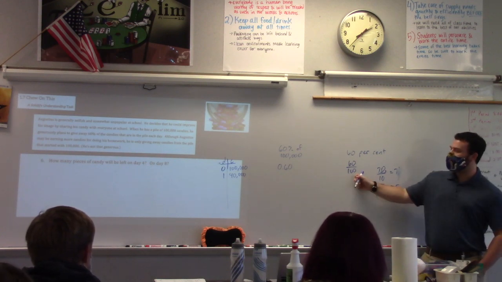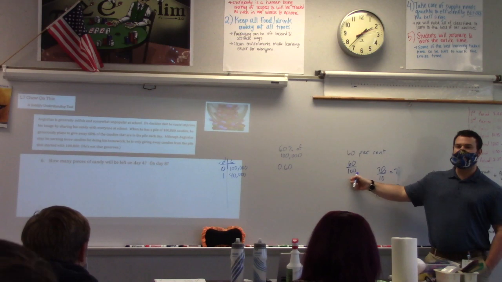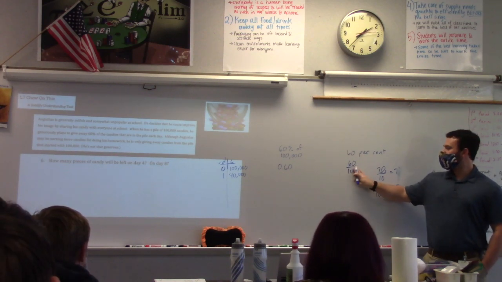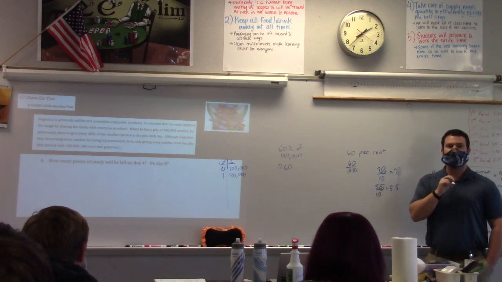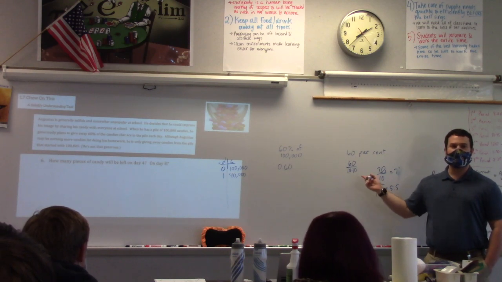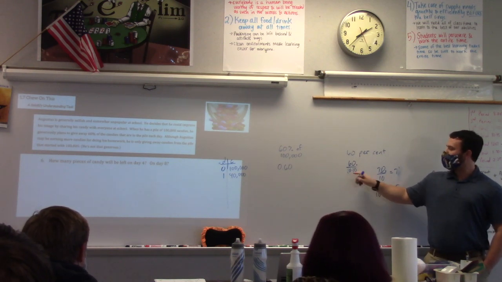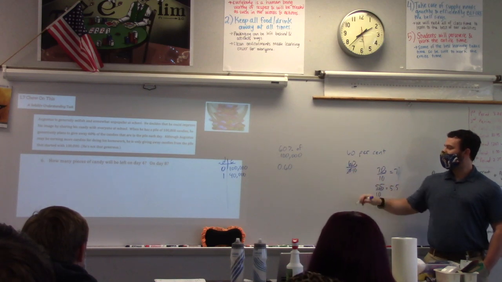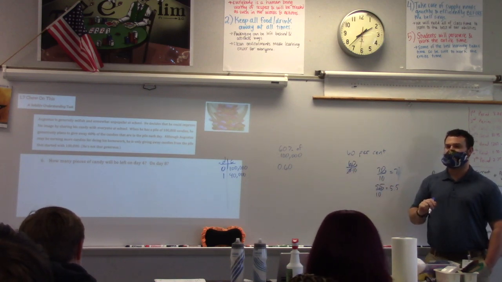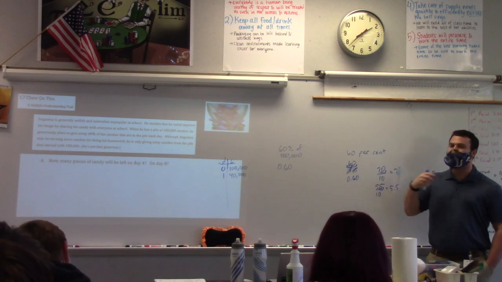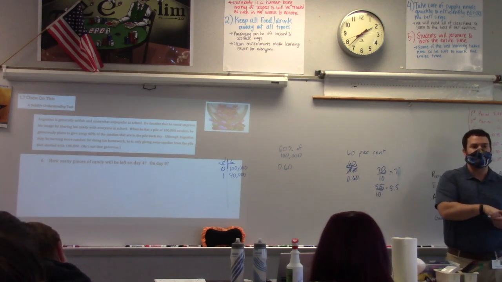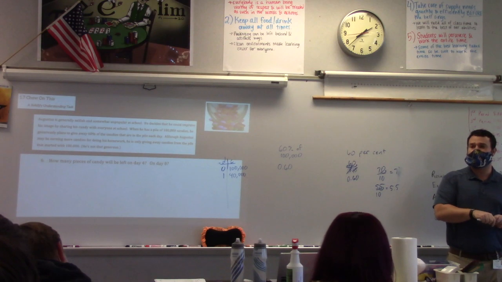However, when I look at 100, what times what gives me 100 when thinking about tens? 10 times 10 is 100, right? So one of the tens is going to move my decimal once. The second 10 is going to move the decimal one more time. So I just want you to be aware that's why it's moving the decimal twice. It's dividing by those two tens. That should help you in the future with some of these things.